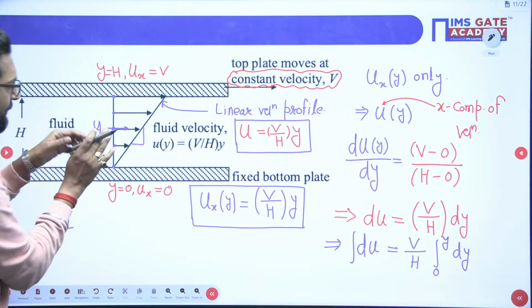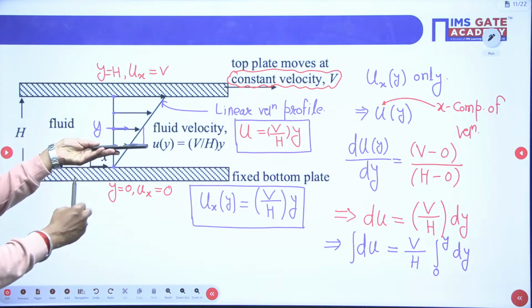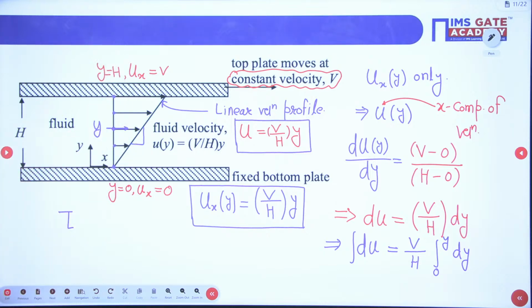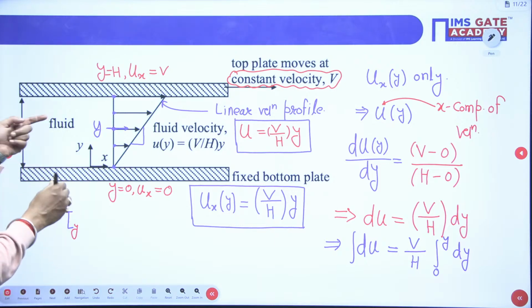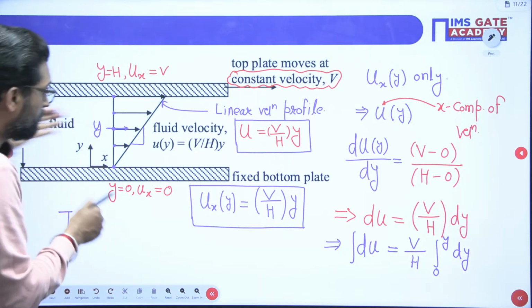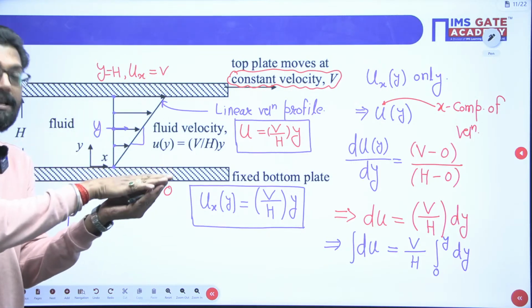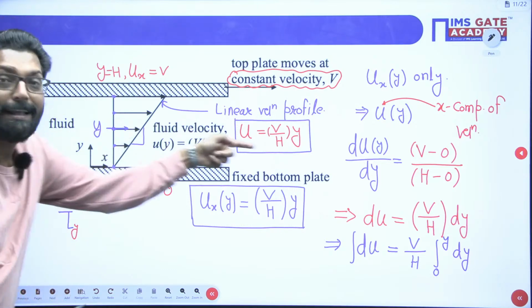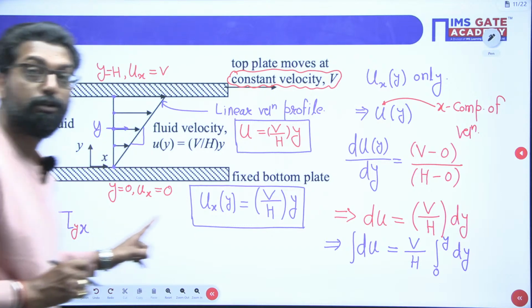Let's suppose this is your layer. What is the direction of the layer? Y direction. So tau y, it is the direction, and in which direction will it apply? It will apply in x direction. So tau y x. You have to denote it like that.